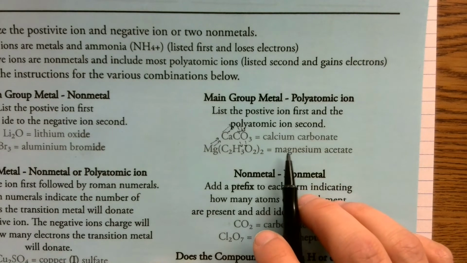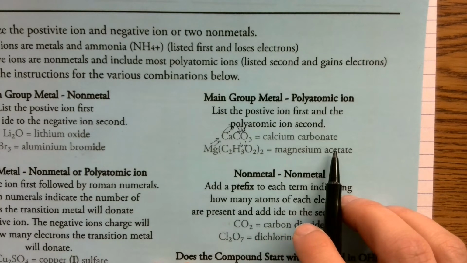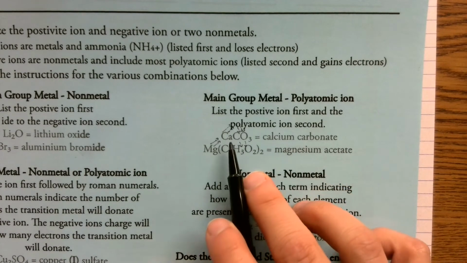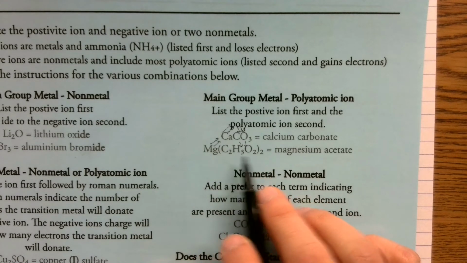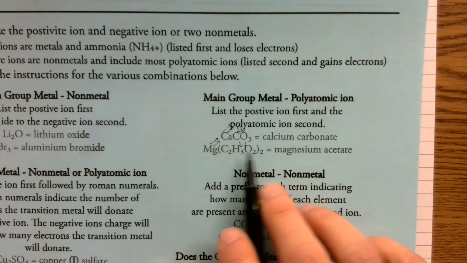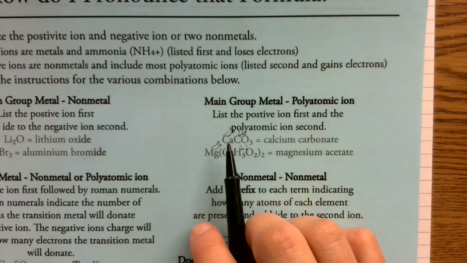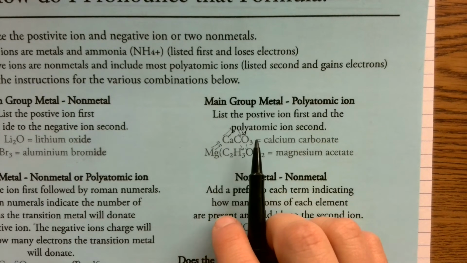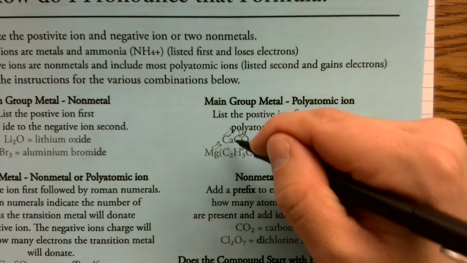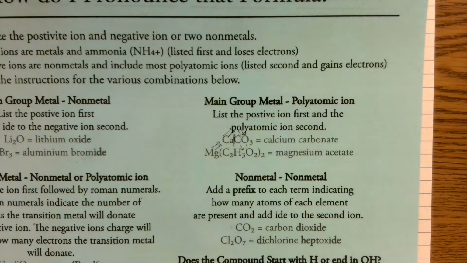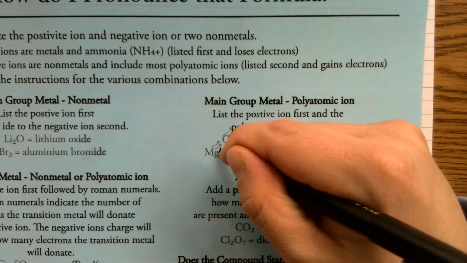All you have to say is magnesium acetate. You don't have to change anything; you just read it. Calcium carbonate, magnesium acetate. You do not need to tell me how many there are of each kind. As you look at these, you'll recognize C, A, C, and O3, and start to piece together that this is where the separation is, and then you'll recognize where the separation is here.